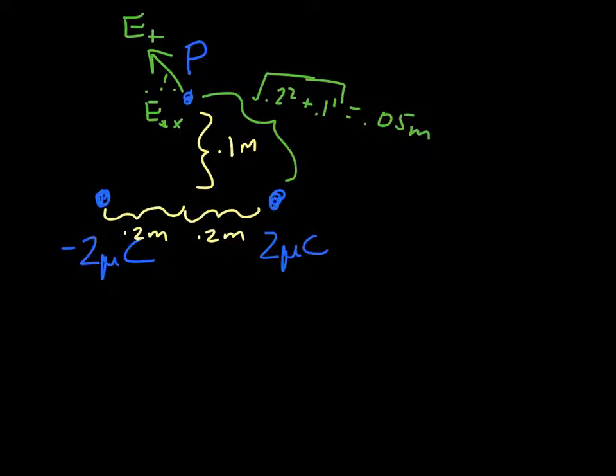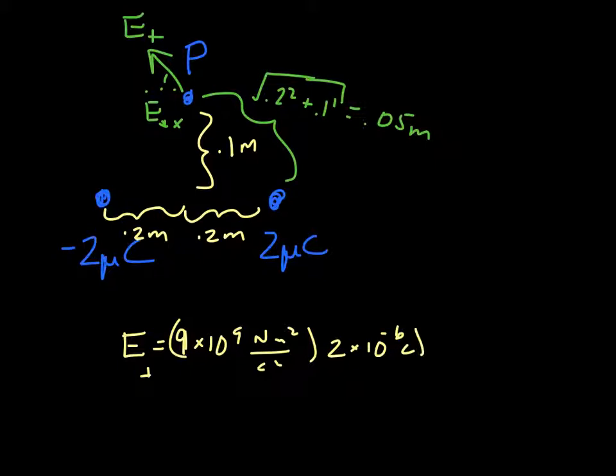So the total E from the plus charge only equals 9 times 10 to the 9th newton meters squared per coulomb squared times the charge, in this case 2 times 10 to the minus 6 coulombs, over 0.05 meters. But you care about the x component, so that's why I added this little x right here. To get the x component, you want the side adjacent to that angle, so using trig, that is cosine of theta.